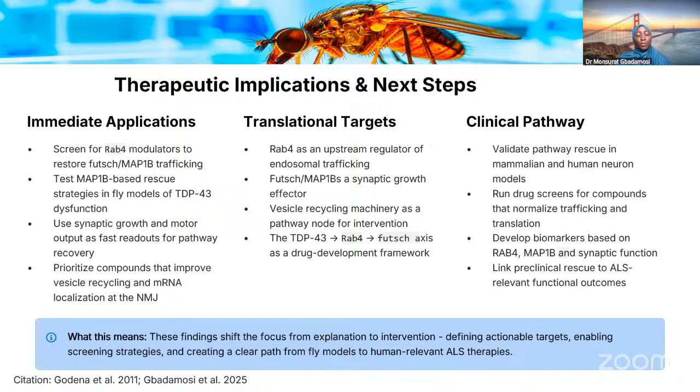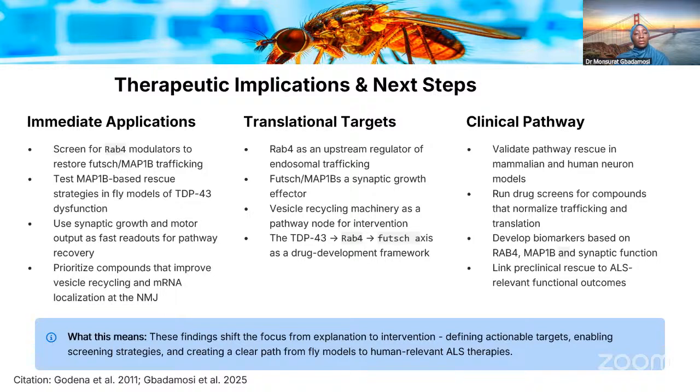Or we could go the MAP1B route, which is the Futsch route, by modulating proteins that would enhance synaptic growth, or we could go the way of both of them, like cancer. Cancer is pretty much like, one compound cannot reverse the effect of cancer. So cancer is usually multi-drug.